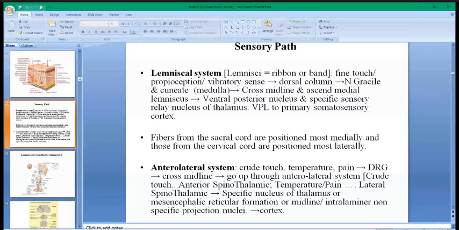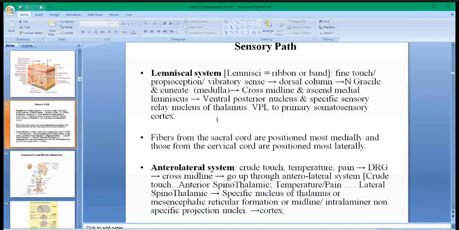What is a nucleus? A nucleus means a collection of cell bodies within the central nervous system. If the collection of cell bodies is outside the central nervous system, it is called a ganglion.